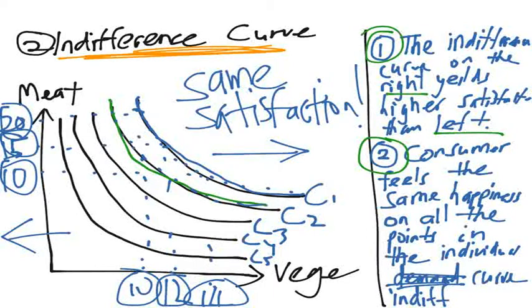Meaning, like mentioned, at all the different combinations of goods at C1, the consumer feels indifferent, meaning they feel the same satisfaction. Same goes for C2, C3, C4, and C5. So these are the 2 things that you need to know.